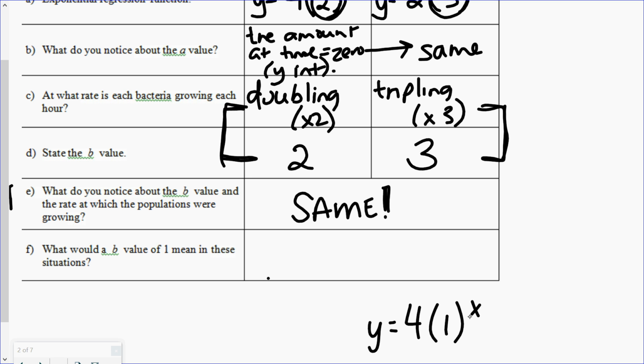But what you would see is that there is no growth each hour. So it's not increasing, it's not decreasing. At hour 1, there would be 4. At hour 50, there would still be 4. Okay, so that's the first little example question.